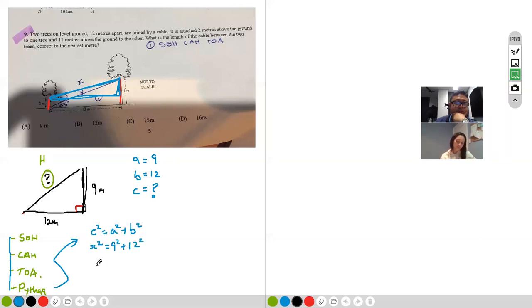Let's work that out. I got 15. I just did the square root of 9 squared plus 12 squared. And you got 15. That's your answer.